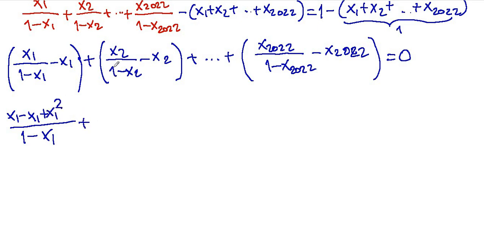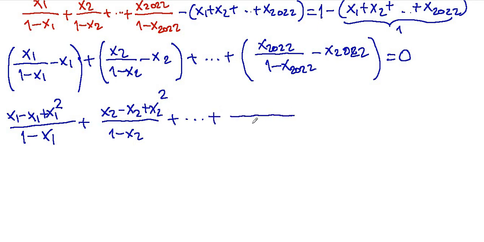Plus the second bracket, with common denominator 1 minus x2, the numerator is x2 minus x2 plus x2 squared, and so on. In the same manner we can find the common denominator for x2022: x2022 minus x2022 plus x2022 to the power of 2.